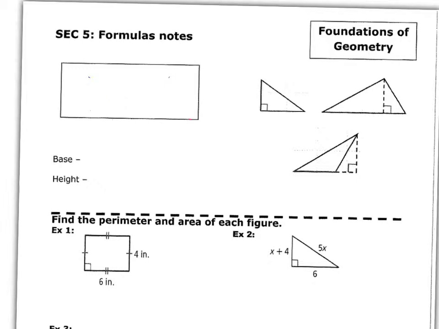Okay, so if you were looking at a rectangle, for the perimeter, or the distance around the whole shape, you would multiply 2 times the length plus the width.